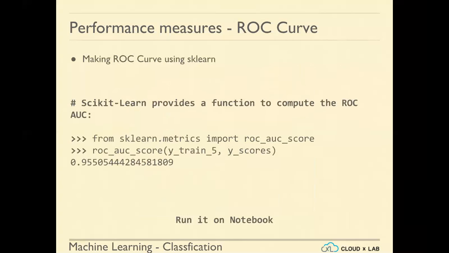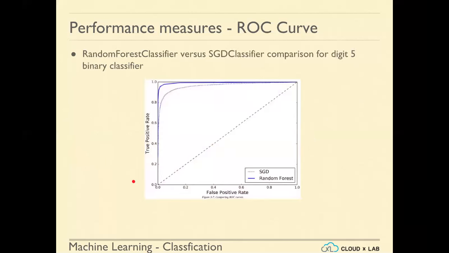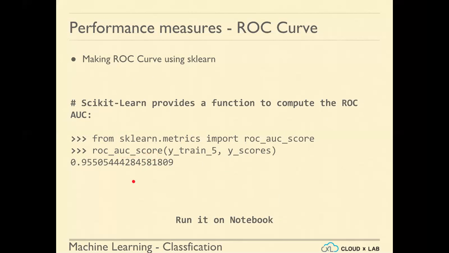Scikit-learn provides a function to compute the ROC score, in the same package as sklearn metrics: roc_auc_score, and AUC means area under the curve. The roc_auc_score gives you a value like this, and here it is far above 0.5.